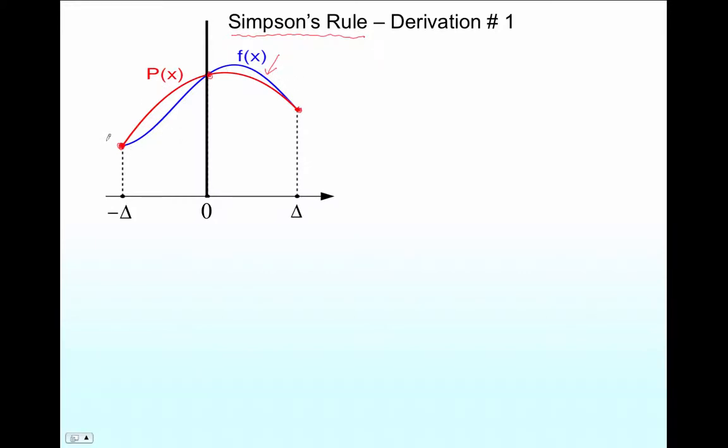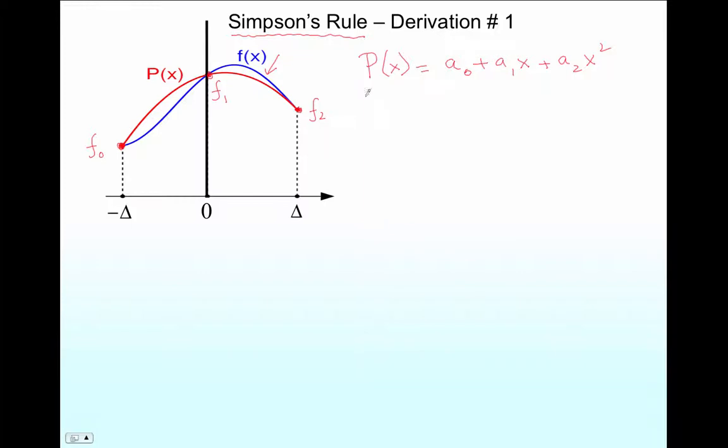Now the value of the function at minus delta, f of minus delta, I'll call f naught. The value of the function at 0, I'll call f1. And the value of f at plus delta, I'll call f2. The function p of x is quadratic. It's a polynomial with maximum degree 2.